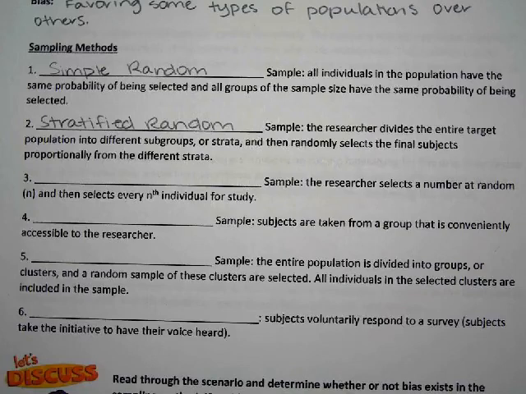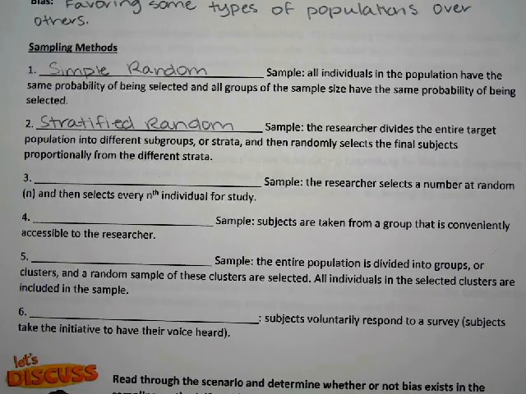So this would be like, I put you guys into your table groups, and then I say, the person sitting in the middle seat is going to be the representative from the group. So the strata would be the different tables.